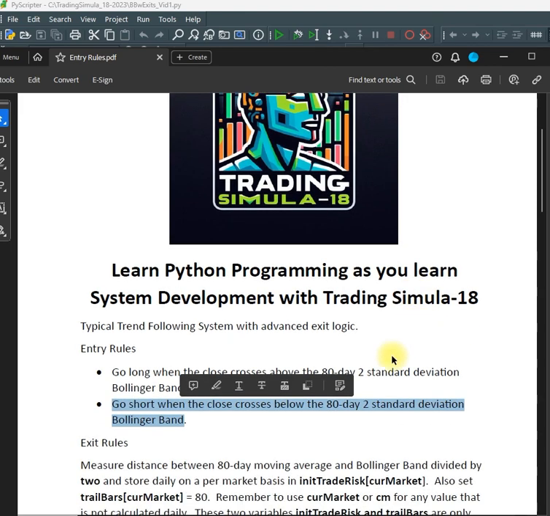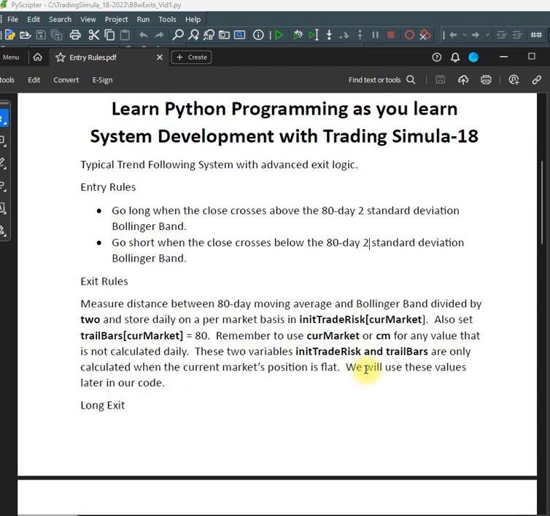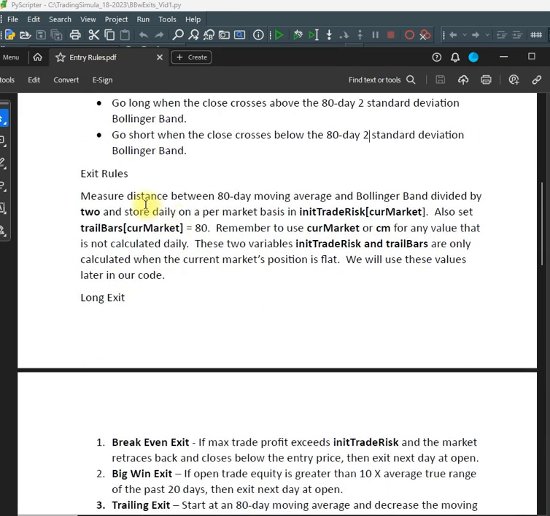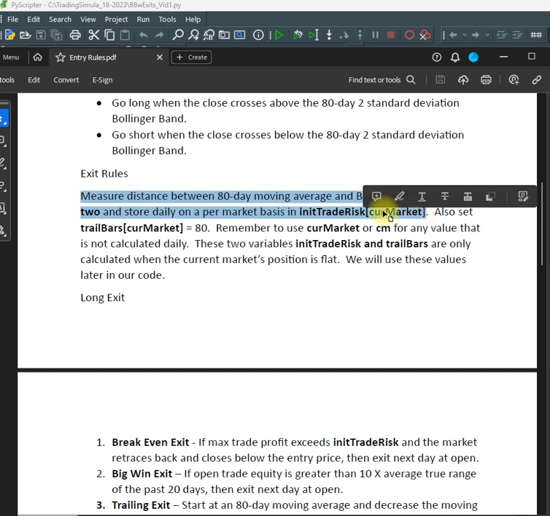This is where it gets a little sophisticated, in the exit rules. What we're going to do is measure the distance between the 80-day moving average and the Bollinger Band, divide that by 2, and store that information on a per market basis in a variable, the init trade risk per market.